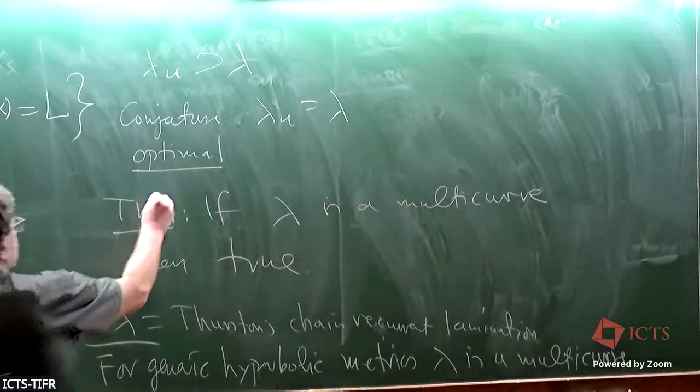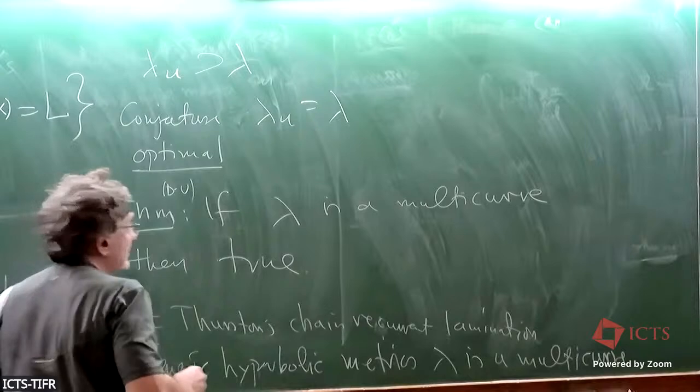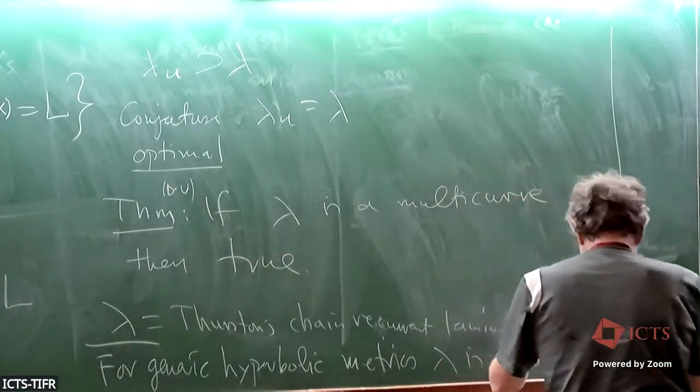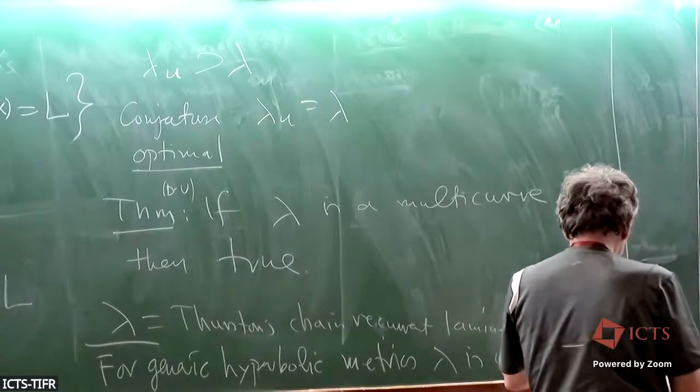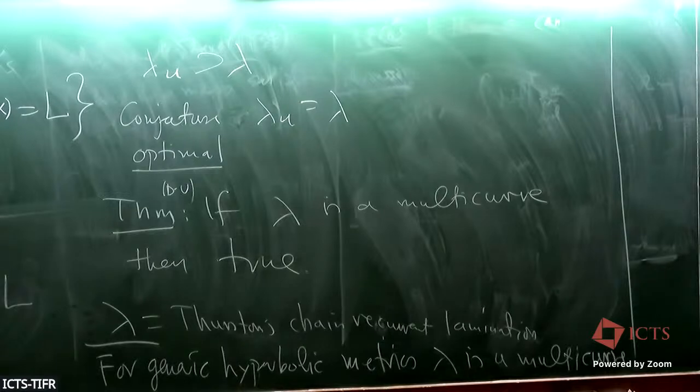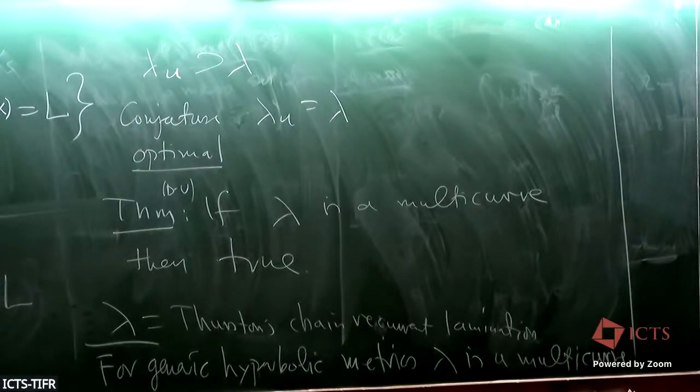Yes. Actually, I would like to comment that here is where the theory really diverges from Thurston, because these maps, this u, this infinity harmonic map, these optimal maps, are very different from the Thurston maps.